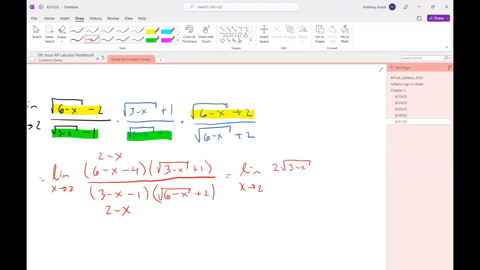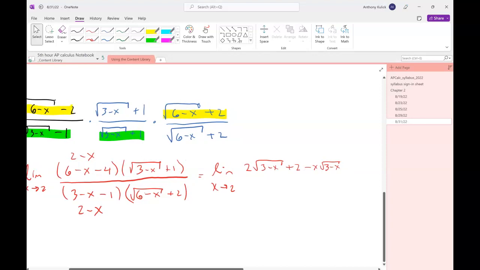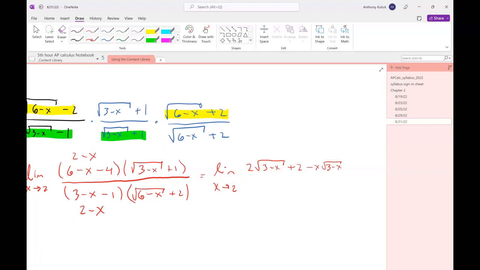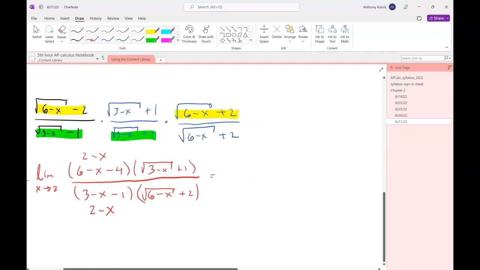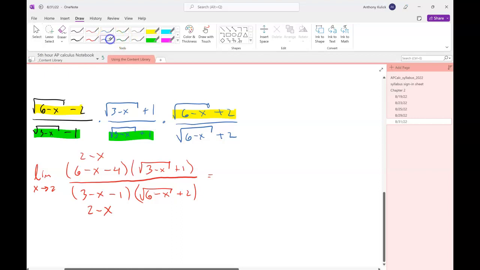I'll just have the reciprocal of what I had before, which would still give me a 0 over 0 when I do my direct substitution. Oh, yeah. Yeah, thank you, before I got going. Excellent. Yes.